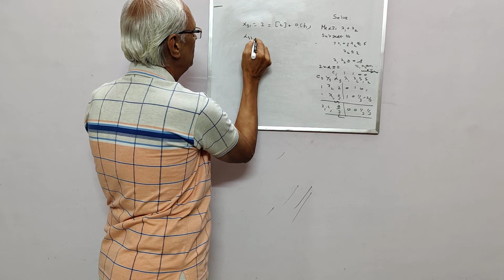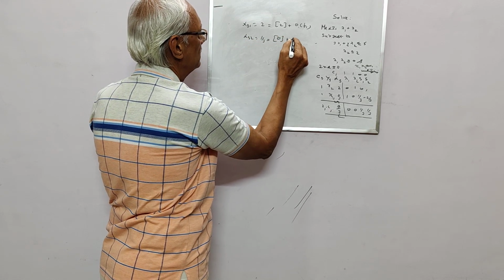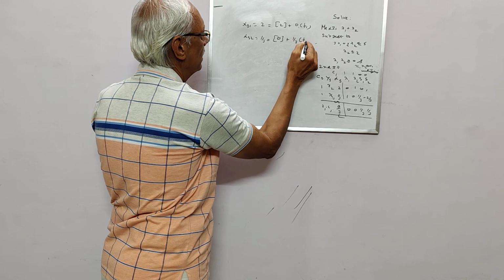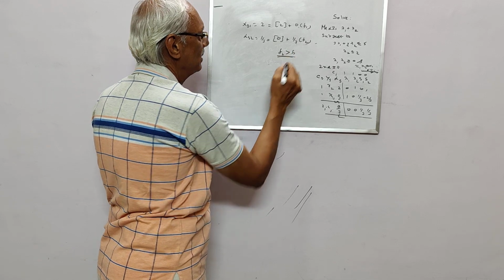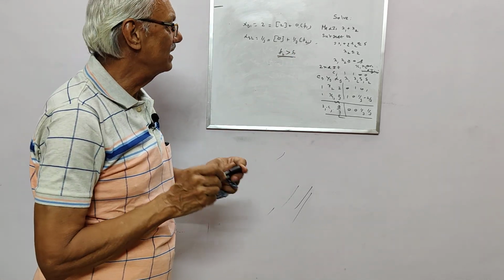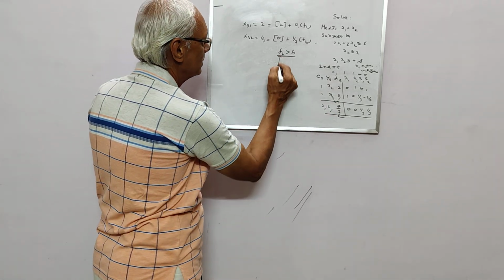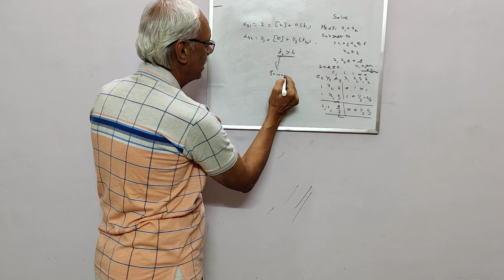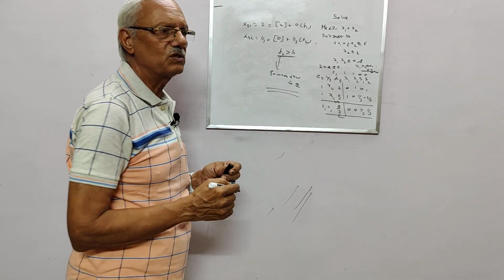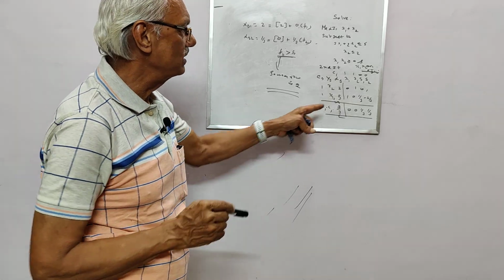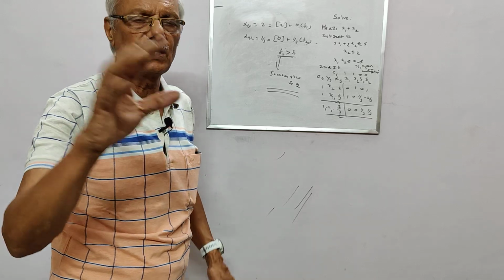Then xb2 is 0 integer plus 1/3. Now f2 is greater than f1, therefore naturally the source row is 2. So your second row must be taken as your source row. Use that row to construct the Gomorian constraint.